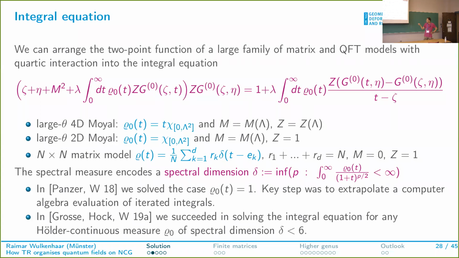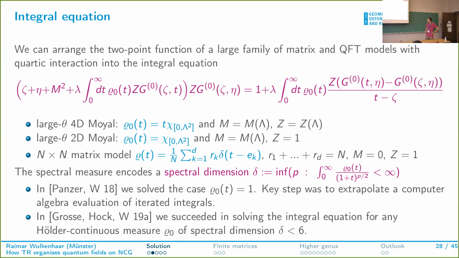So geometry, not topology, encodes dynamics, and the dimension is encoded in the spectral measure. It's not surprising. Here delta is really 4 in the case of 4-dimensional Moyal, and 2 in the 2-dimensional case. The finite matrix is a little special because the role of n is different, but it can be understood as a 0-dimensional model.